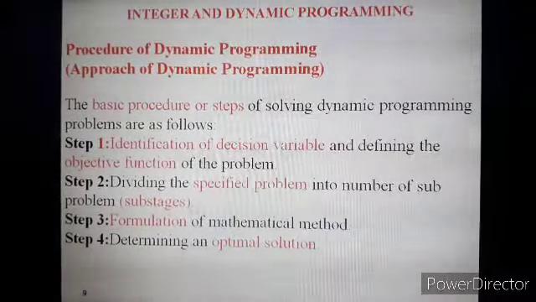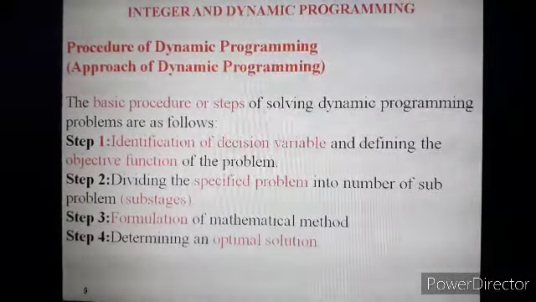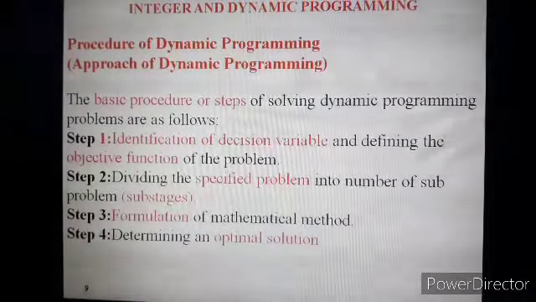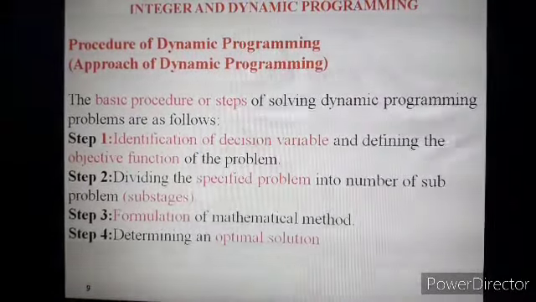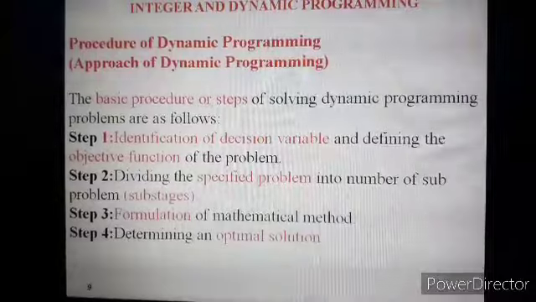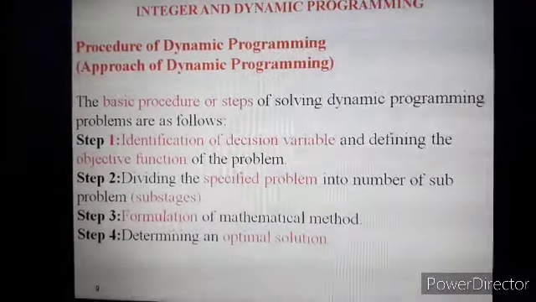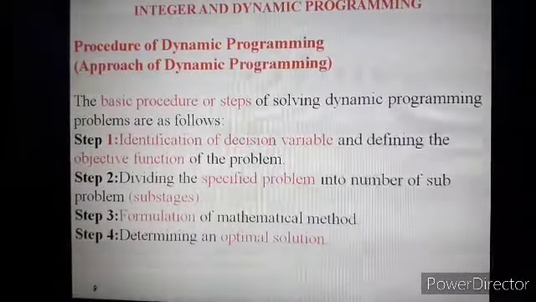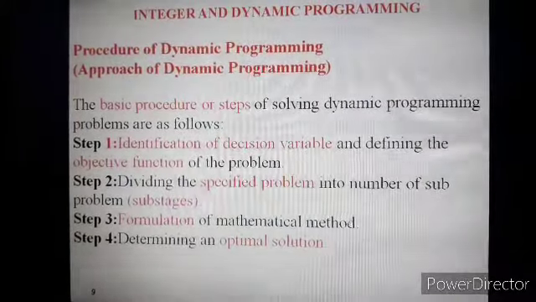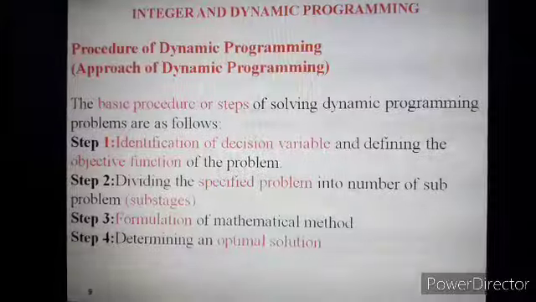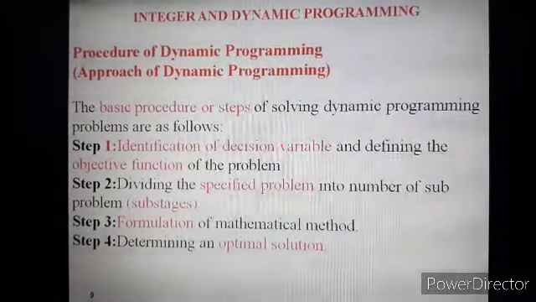Suppose we have the objective function, which may be for a maximization problem or a minimization problem. That objective function we define into sub objective functions, and we solve each individual problem as a separate linear programming problem, and from that we find the solution for the complete or final problem given to us.